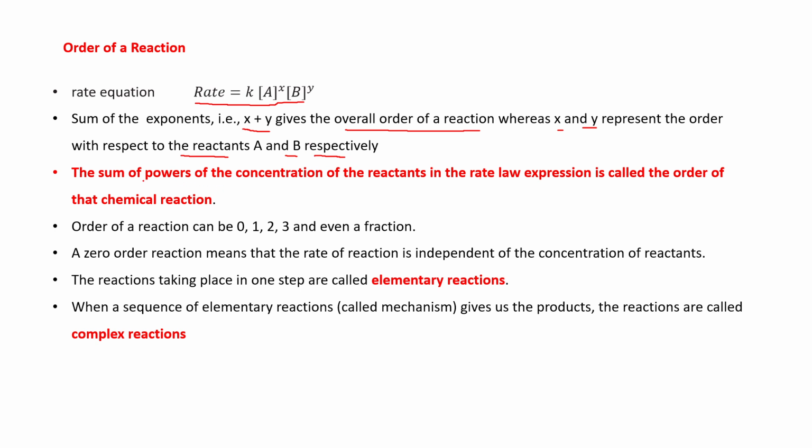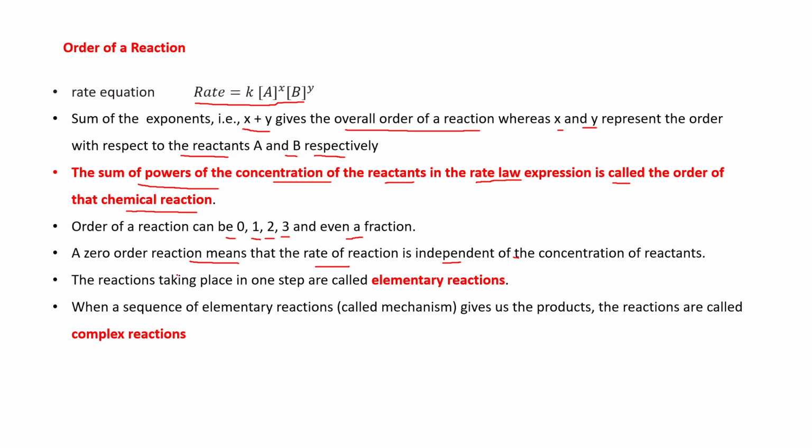The sum of the powers of the concentrations of the reactants in the rate law expression is called the order of that chemical reaction. The order of a reaction can be 0, 1, 2, 3, and even a fraction. A zero order reaction means that the rate of reaction is independent of the concentration of reactants.